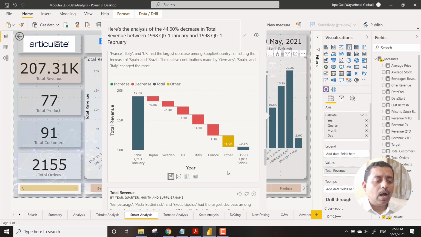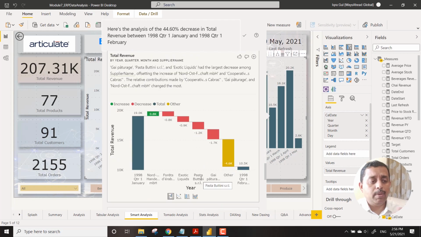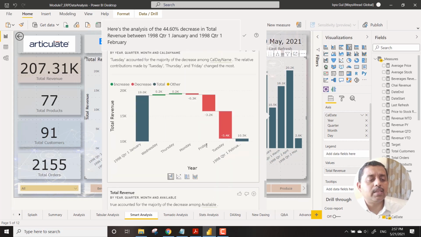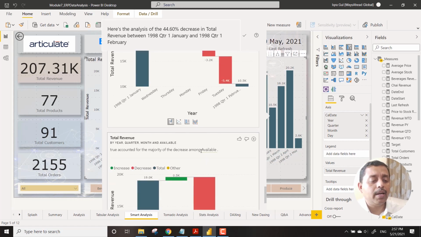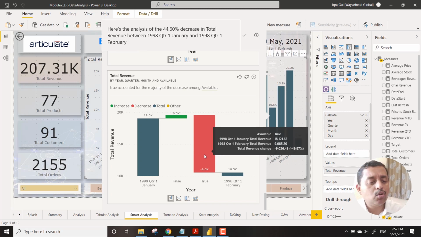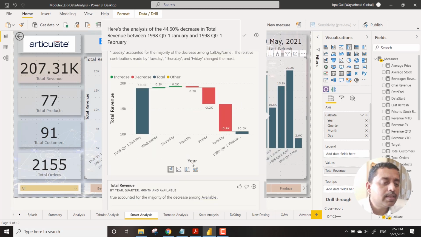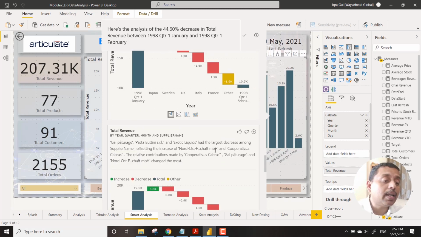Then we can go down and see the customers, places, and suppliers where we have seen some downfalls, and the most affected day was Tuesday. Though we saw some growth on Wednesday and Thursday, Friday and Tuesday were badly hit. So much intuitive report and insight you are getting just by right clicking on a particular chart.